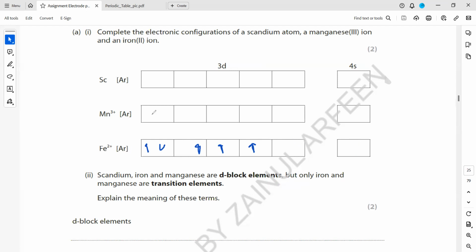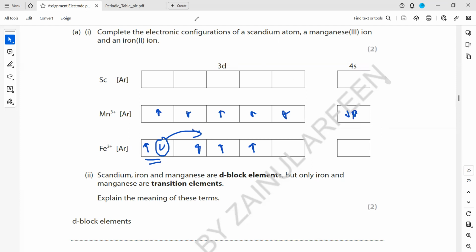Now, why can iron 2 easily be converted to iron 3? Because there is repulsion between the electrons, and this electron can easily be removed. But in the case of manganese, there is no pair of electrons, as it is 25.